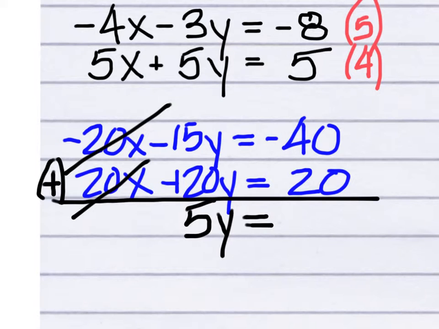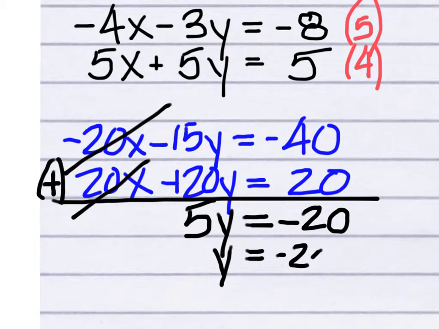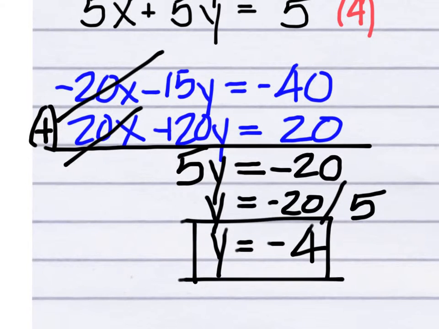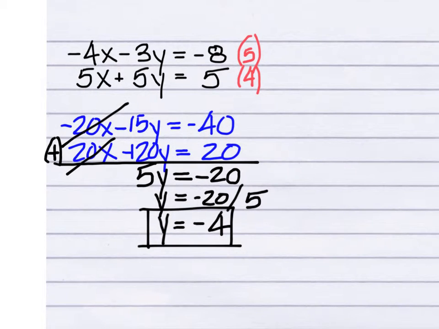And -40 plus 20 is a -20. So divide the -20 by 5 and come up with a -4. So y is -4.